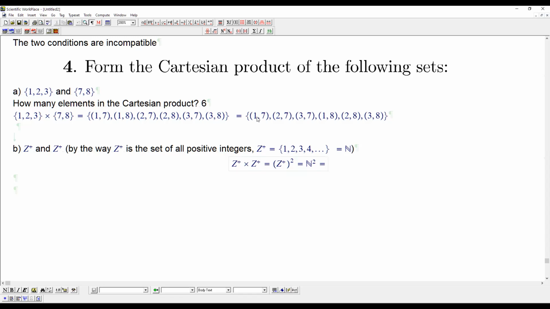I'm also going to write it down this way. You would say it's a set that contains ordered pairs, say (a, b), or maybe (z1, z2), such that z1 is an element of Z plus, and same thing for z2.